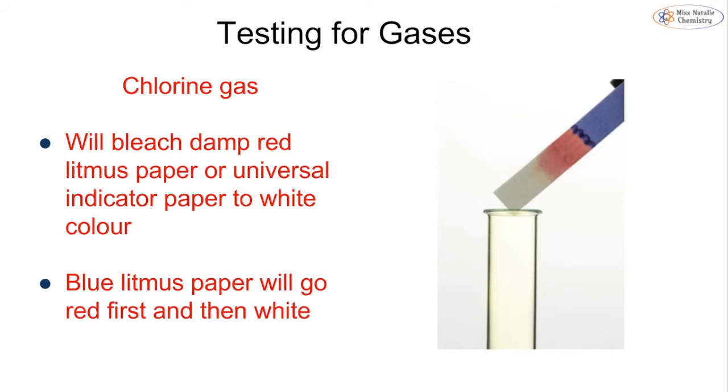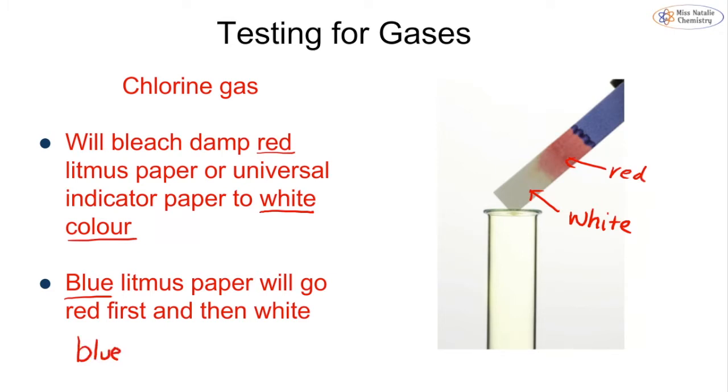This one is new for GCSE and it is how we test for chlorine gas. Chlorine gas will bleach red litmus paper or universal indicator paper to a white colour. So you can see that here we have our white colour. If we have blue litmus paper, we get it going red first and then white.